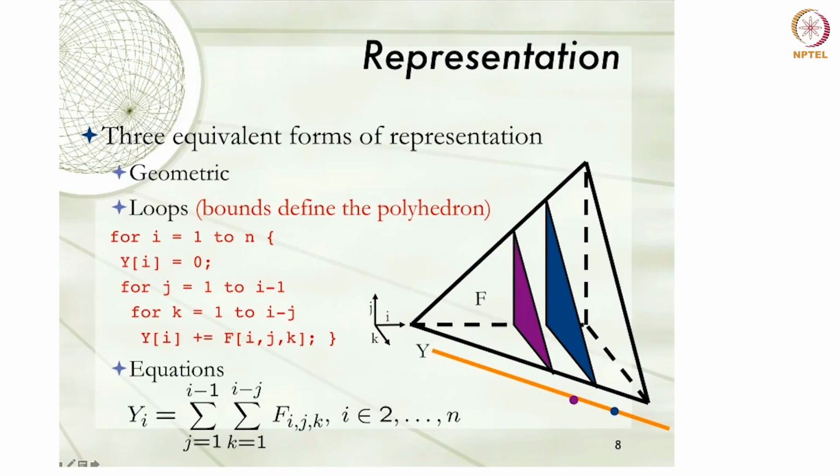So I can describe this as a code, I can describe this as a picture, and I can describe this as an equation. Which description do you think is the easiest for you to follow? What is your preference?